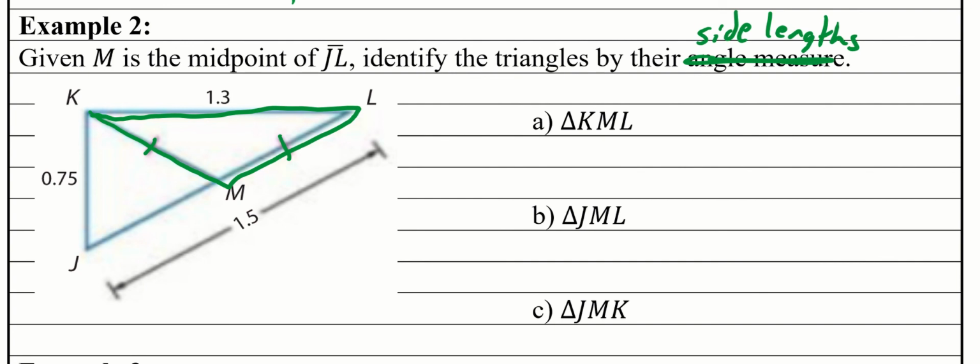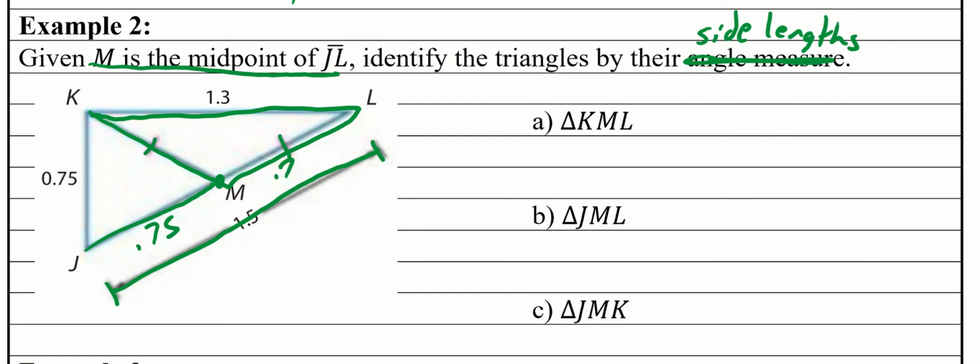So if I look at this, remember the given information says M is the midpoint of JL. So right here I'm looking at JL. I see the whole thing is 1.5, which means if M is the midpoint, then each of these segments is going to be half of that. So this segment is going to be 1.5 divided by 2, which if we do that in our calculator is 0.75.